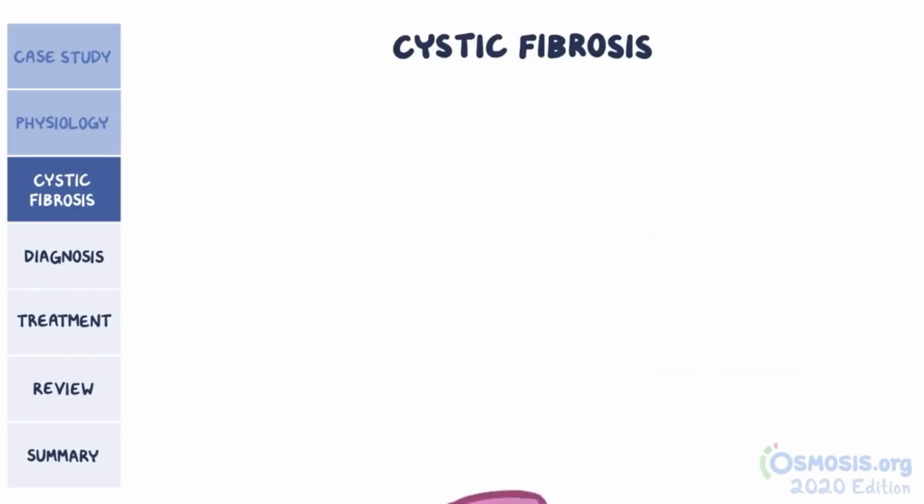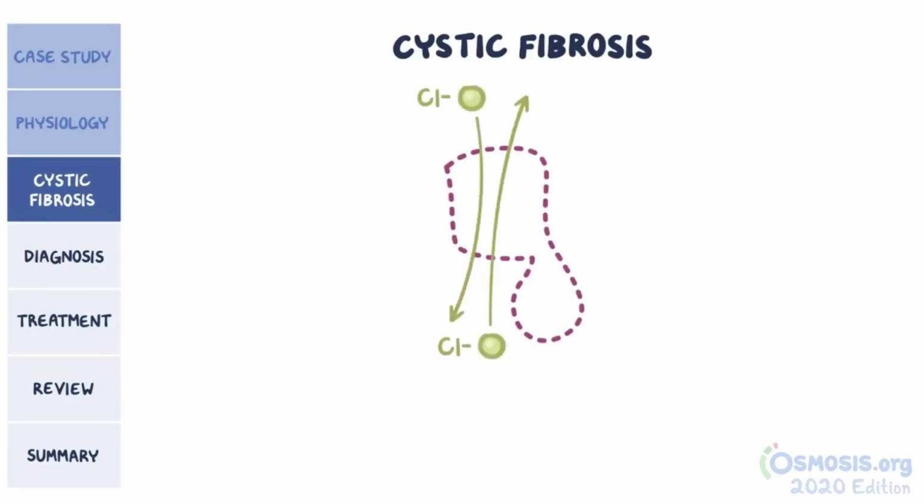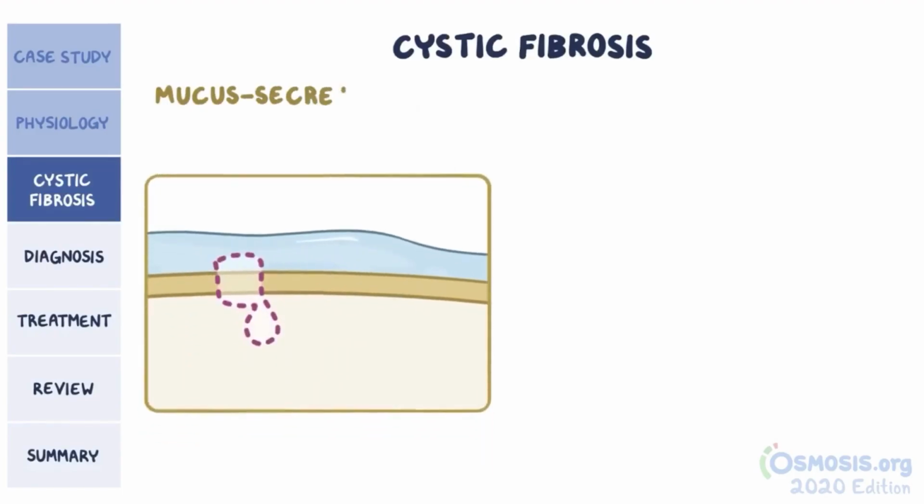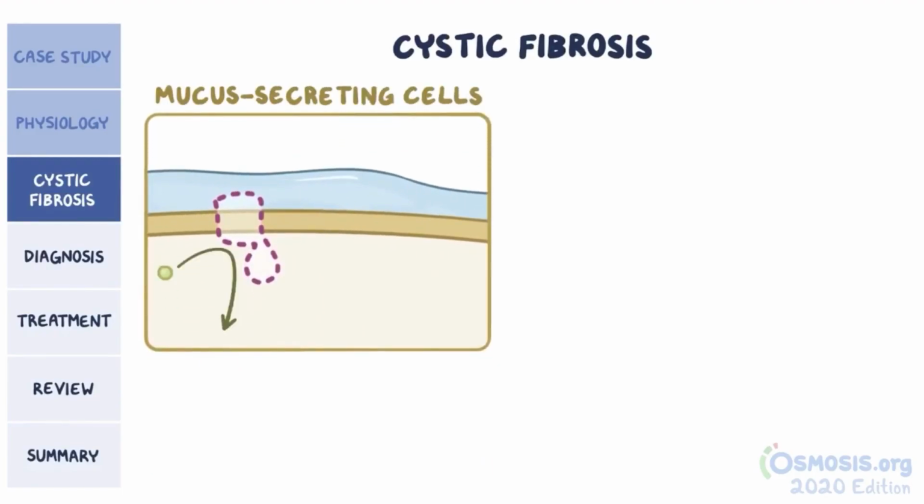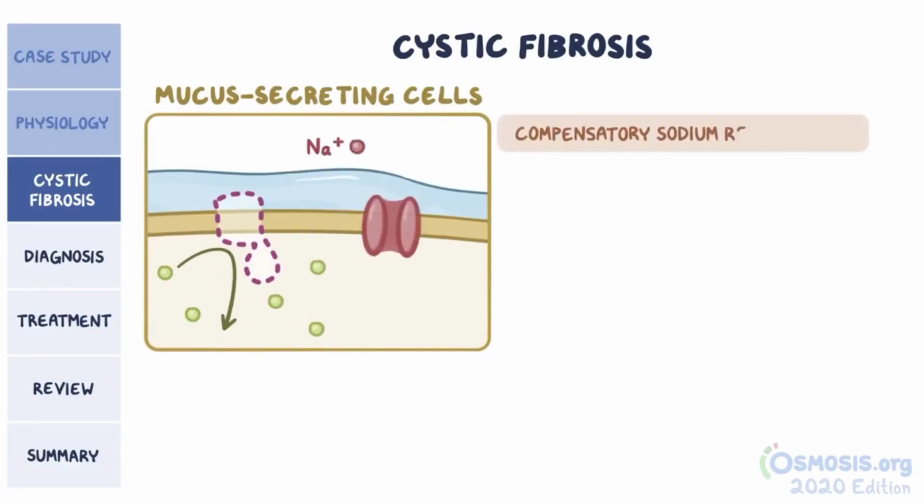Without the CFTR protein on the epithelial surface, cells cannot transport chloride ions. In the mucus-secreting cells, the defect prevents chloride from being secreted, which causes intracellular levels to increase. It also leads to a compensatory sodium reabsorption via the epithelial sodium channels, or ENaC, because the inhibitory effect of the CFTR protein on ENaC is missing.